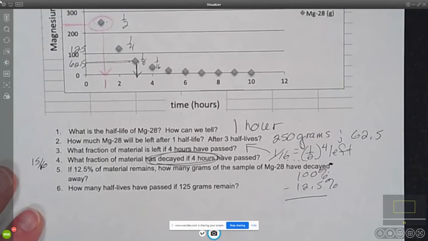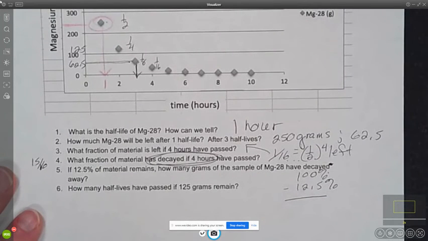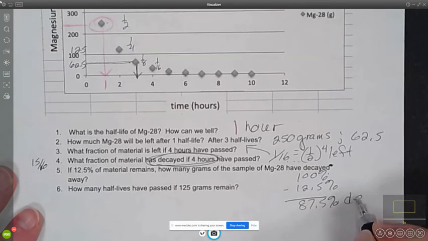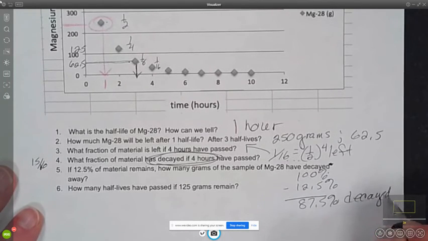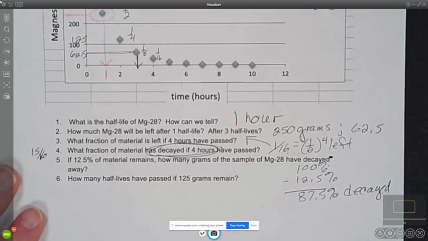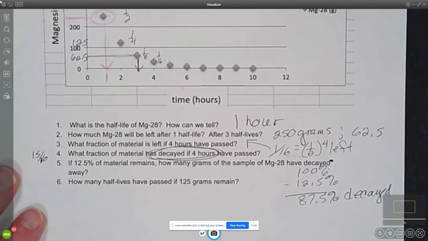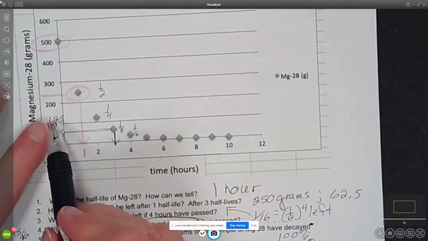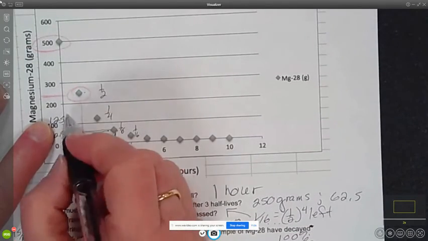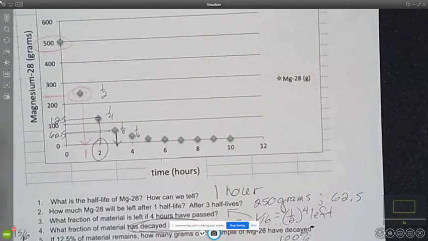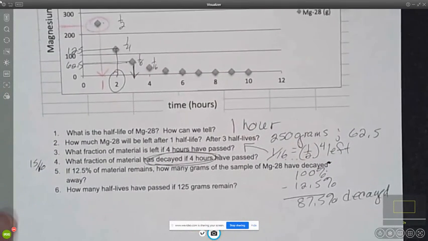So whatever 100 minus 12.5 is, so 87.5% of the material has decayed. Then it says, how many half-lives have passed away if 125 grams remain? I look at 125 grams. It's right here. 2 half-lives.